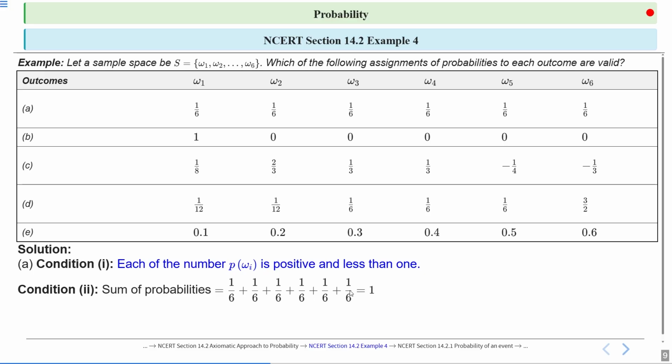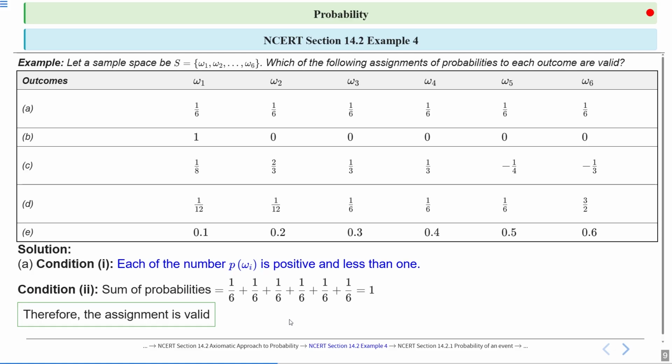You can easily calculate it and you will get 1. So assignment A satisfies condition 1 and also condition 2. Both conditions are satisfied by assignment A. Therefore this assignment is valid. Clear? The first assignment is valid, students.